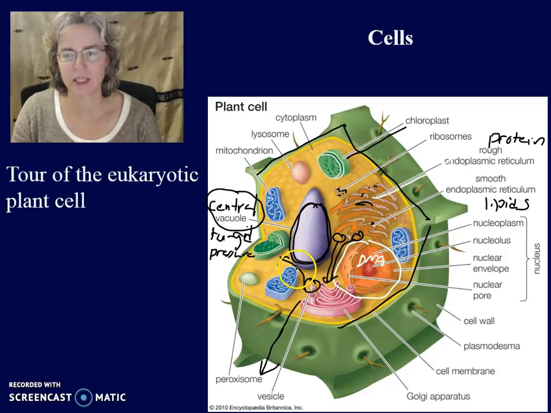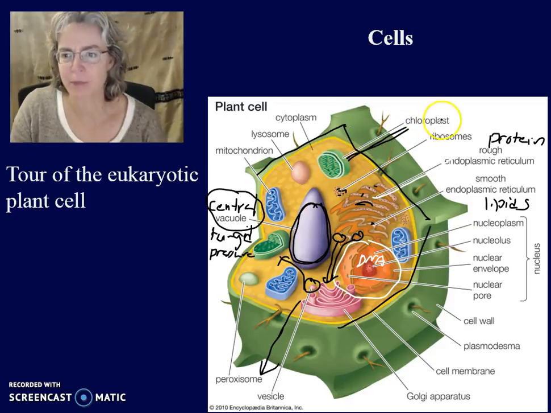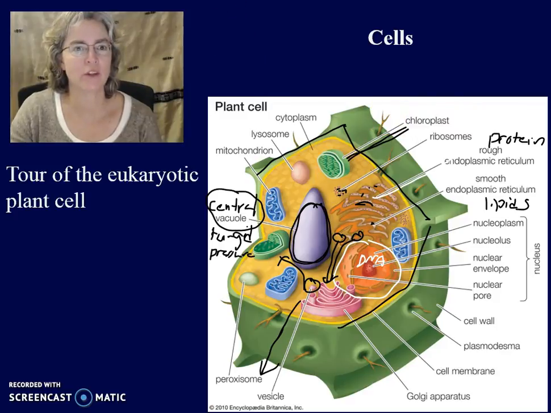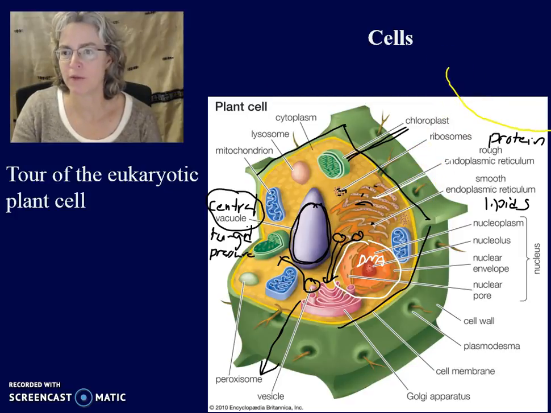Where do the cells get the energy to do all these functions, to make proteins? It comes from chloroplasts. Chloroplasts capture solar energy from the sun.